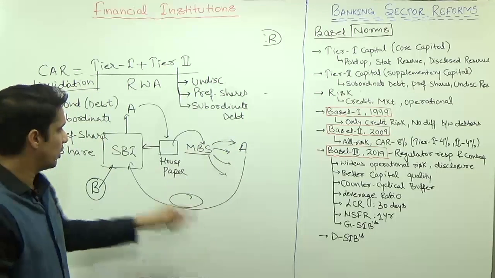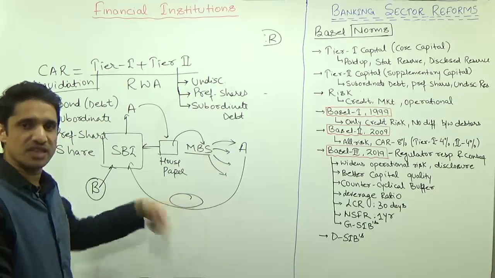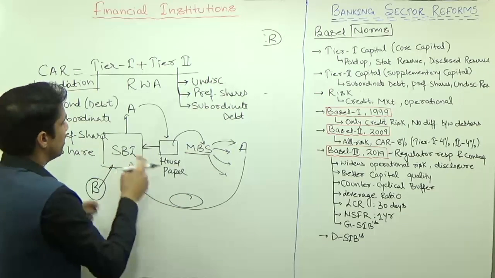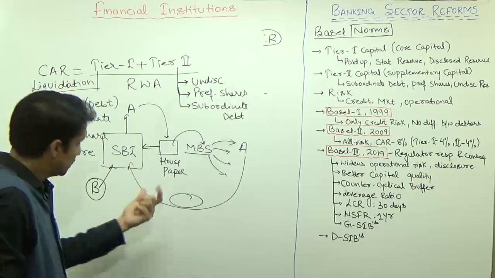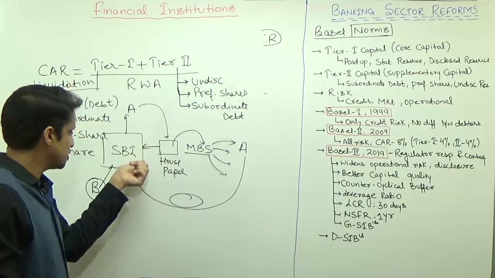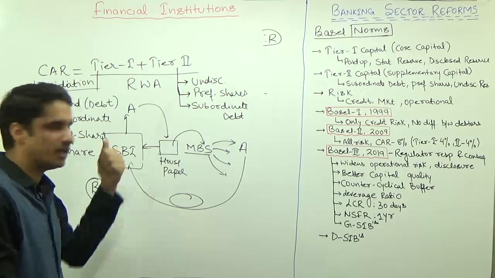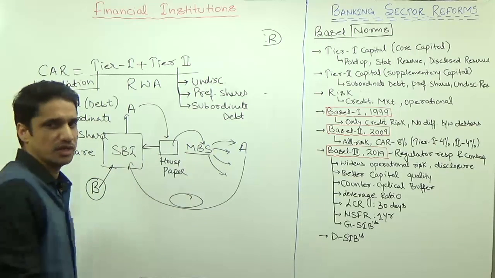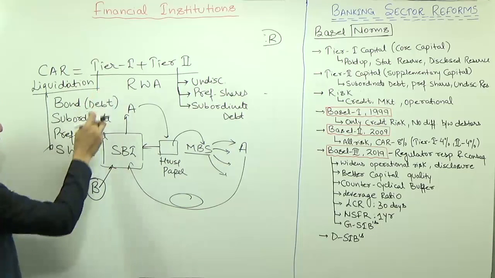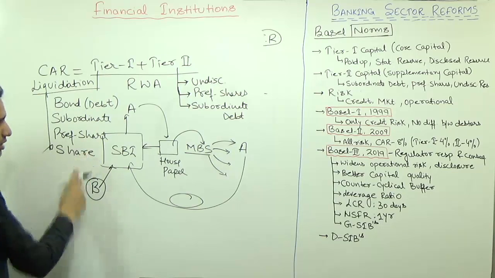The third priority will be given to the preference shareholders of SBI. Suppose SBI has issued some preference shares, so those preference shareholders will get the third priority, and the normal shareholders of SBI will get the last priority. So this is the order of liquidation: debt, subordinate debt, preference shares and shares.